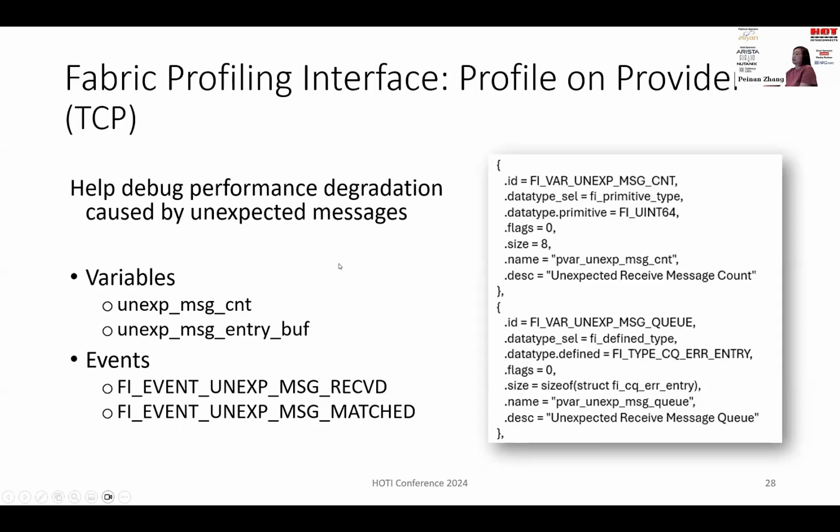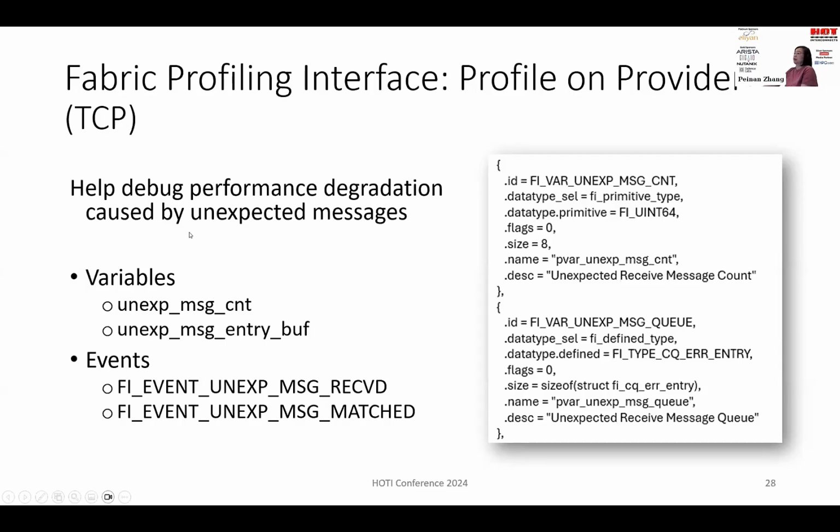When a tagged message comes in and there is no posted receive request matching the tag, this message will become an unexpected message. The communication layer must buffer this message until the application is ready to receive it.